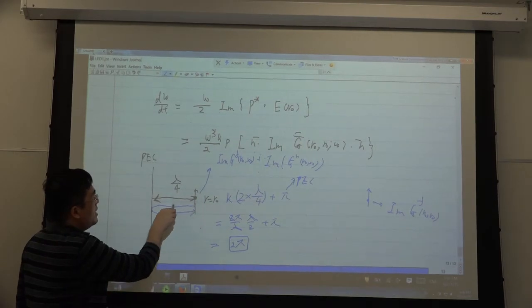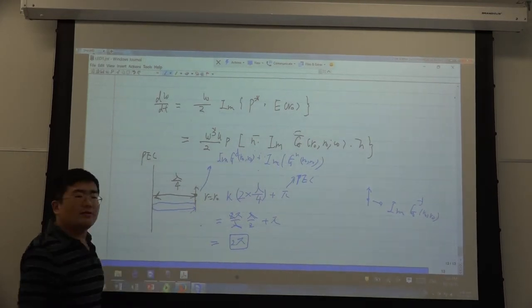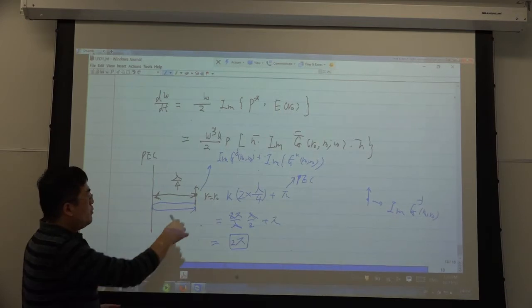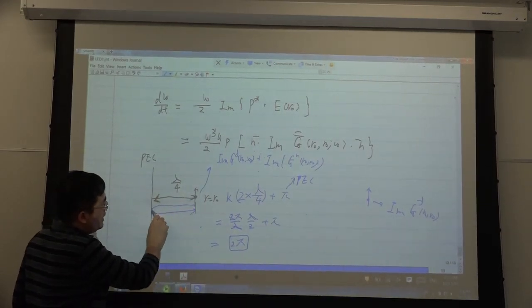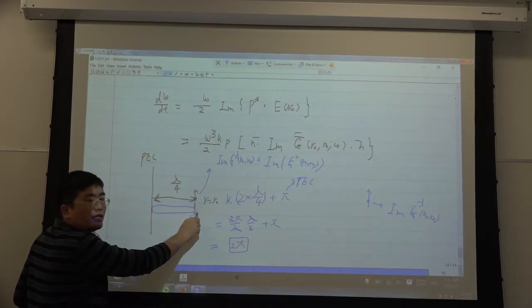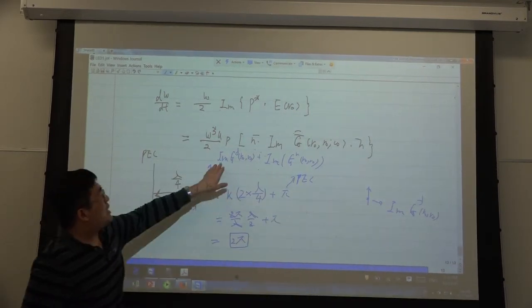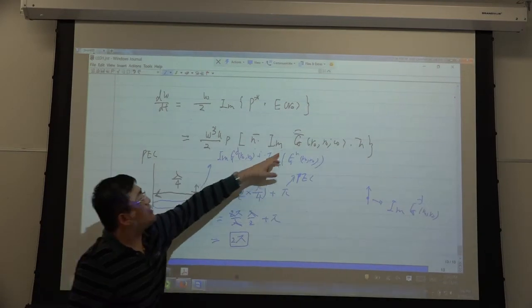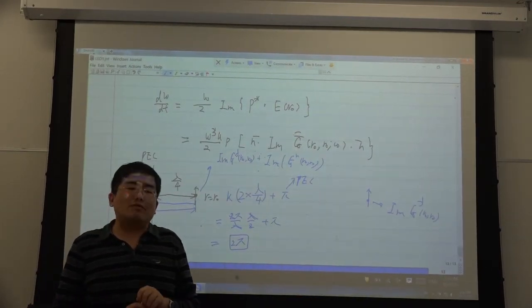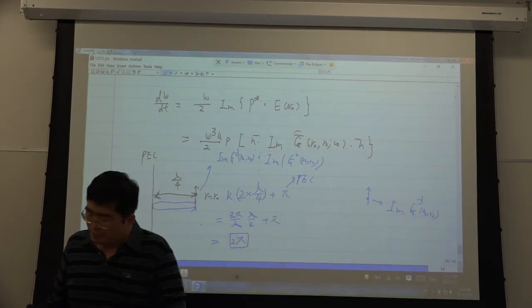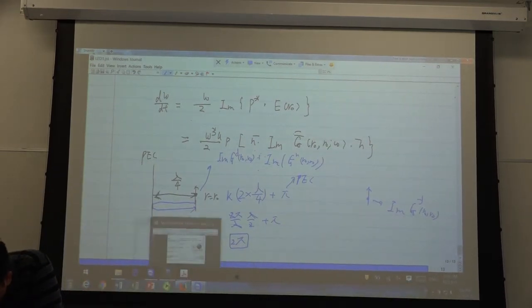The wave from here reflects back and goes here. If a wave is emitted that goes to the PEC and reflects back to here, add them together, and they change the Green function. This Green function is not the free space Green function, but the inhomogeneous Green function.